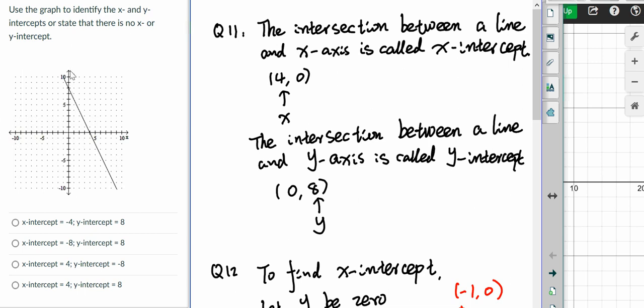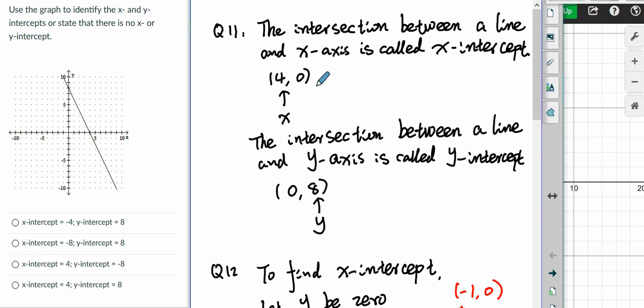Any point on the y-axis has x coordinate 0. The y coordinate in this case is 8. So between the third choice and the fourth choice, the fourth one has y-intercept 8. So this will be our choice.